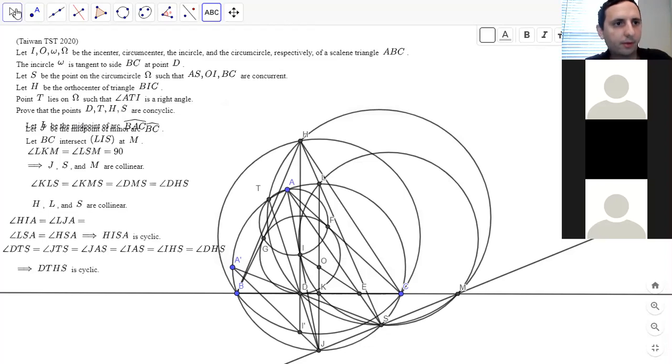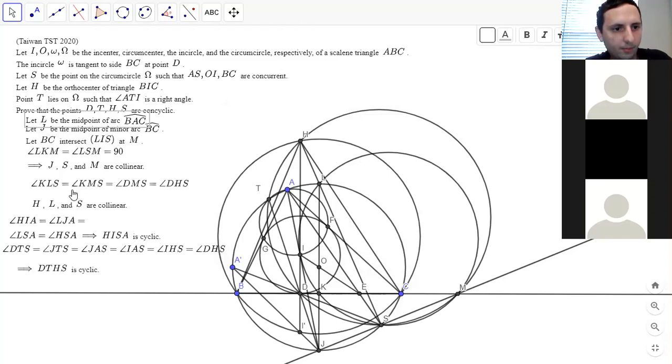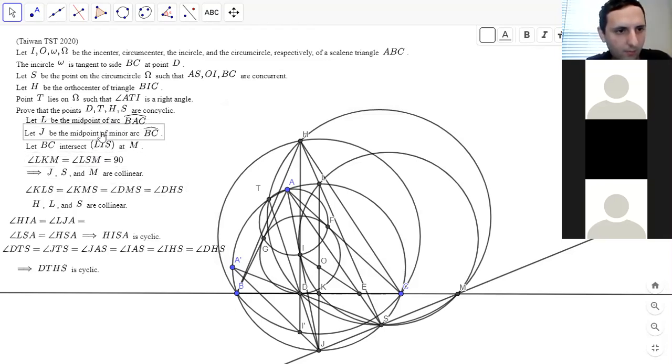But where do we use stuff about the incenter? I feel like we had to use that somewhere, right? I feel like we're missing a lot of information here. L is the midpoint of arc BAC, J is the midpoint of the minor arc, BC intersects that circle at M. And then we use it when we are saying HI is parallel to LO.